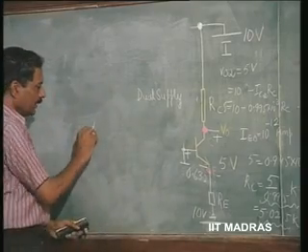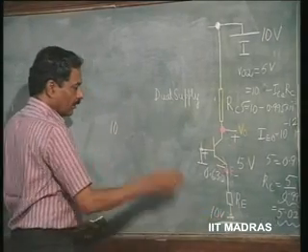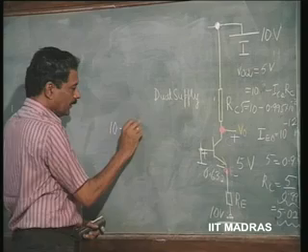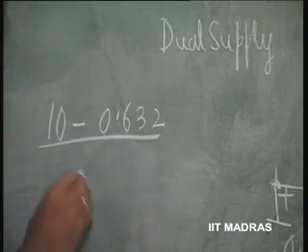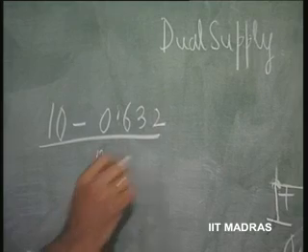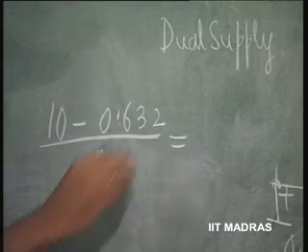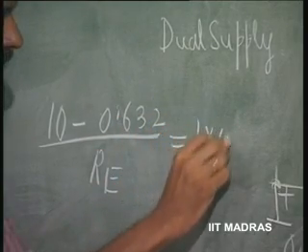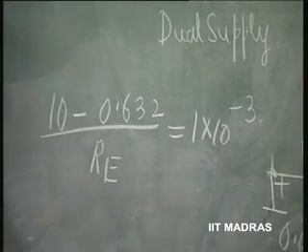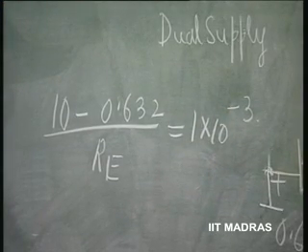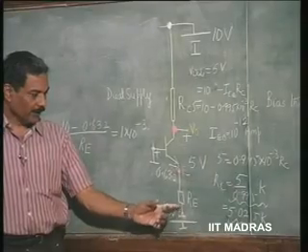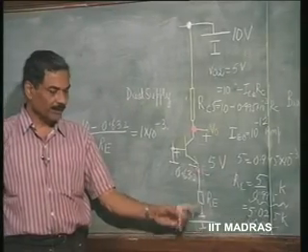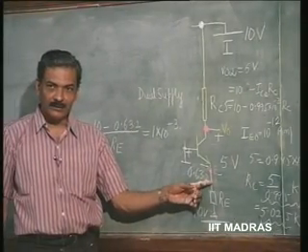So, it is going to be 10 minus 0.632 divided by Re. This has to be made equal to 1 milliampere. So, now this voltage minus this voltage divided by Re is the current in this.